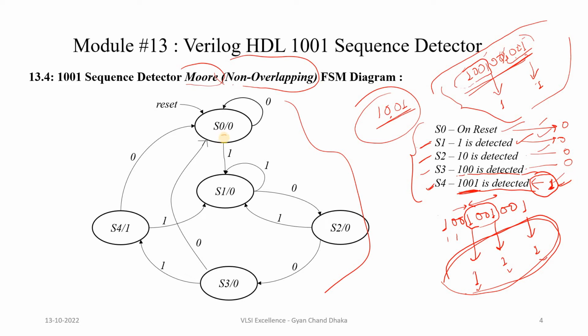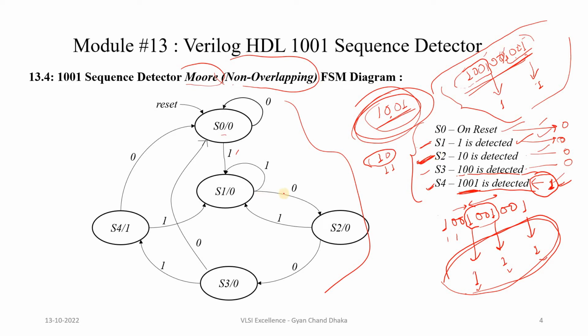If we are at S0 state and our input data is 0, that means that 0 is not the first bit of our sequence. So we always stay in S0 state if the input data is 0. And also whenever reset is asserted, we go to the default state, which is S0.